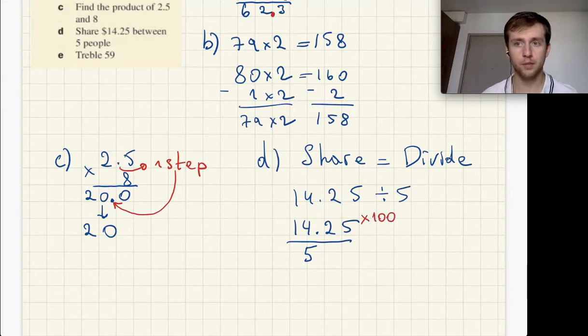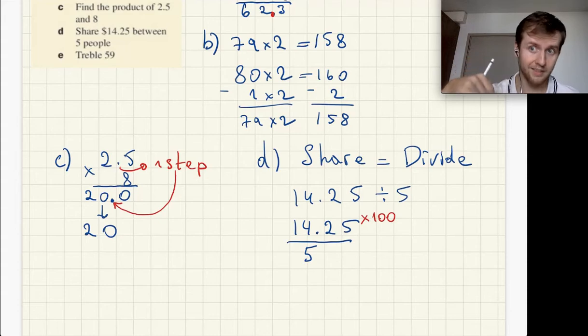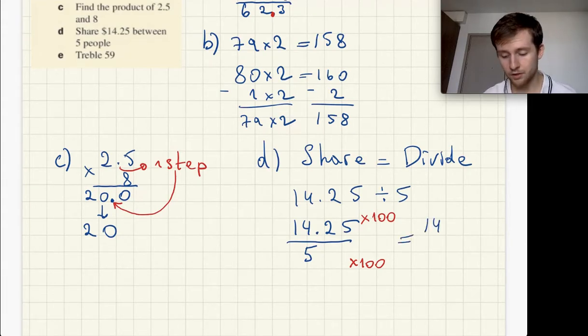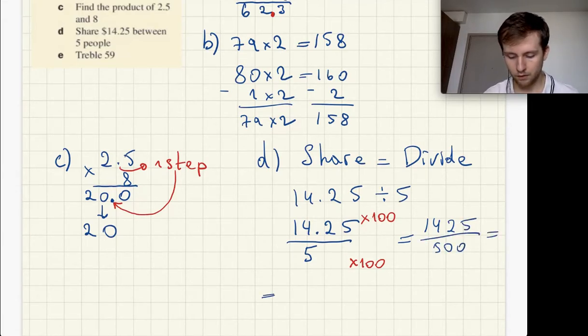So we want to multiply 14.25 by 100, but this is not fair. If we multiply one part of fraction by something, we have to also multiply another part. So we also have to multiply this by 100, and then we would get 1425 divided by 500. We can write it like this.